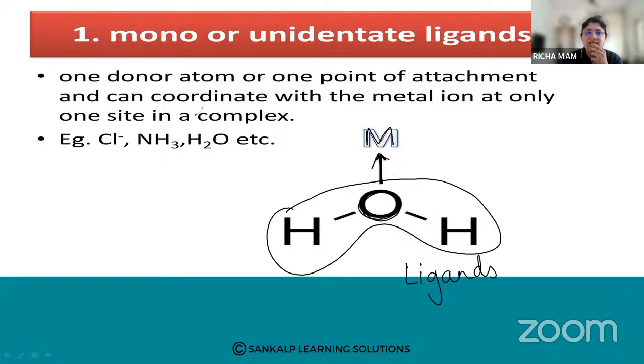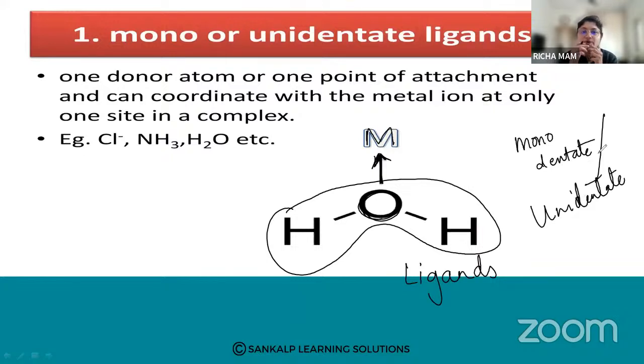The point of attachment to the metal is only one, so it is called monodentate or unidentate. One donor atom or one point of attachment is present, and it forms one coordinate bond with the metal at only one side in the complex.